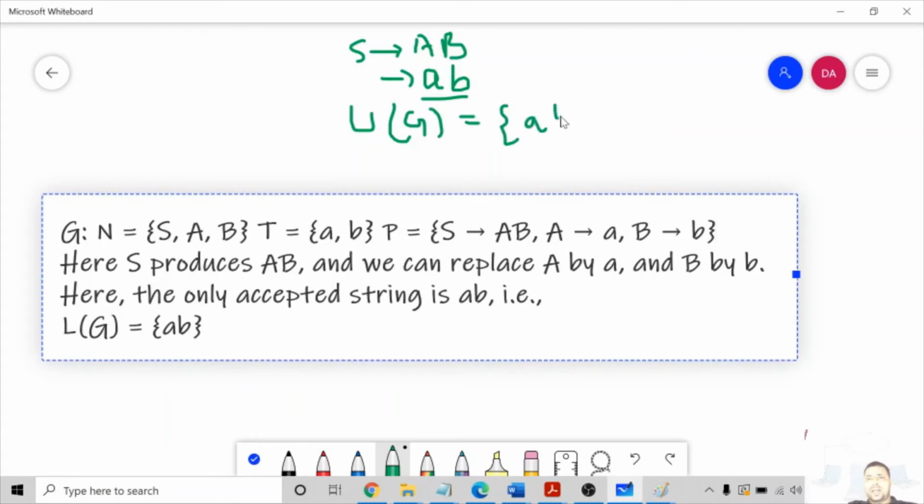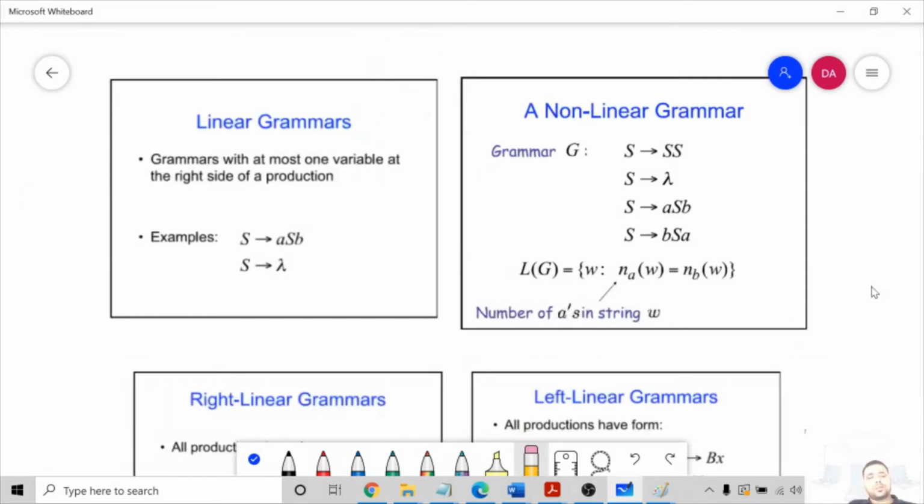Okay. So I think now it is clear what is a formal grammar. So now what are the different types of grammars we have? We have linear grammar. Linear means a grammar with at most one variable at the right side of a production is called linear grammar.